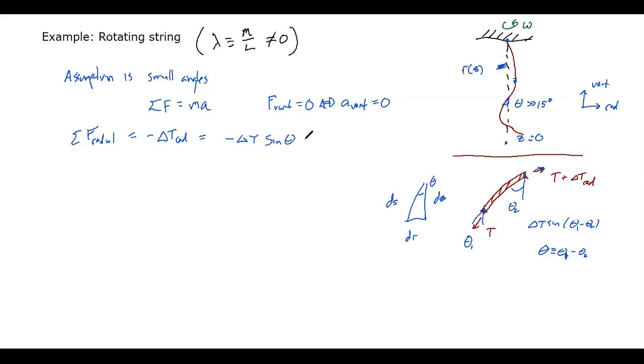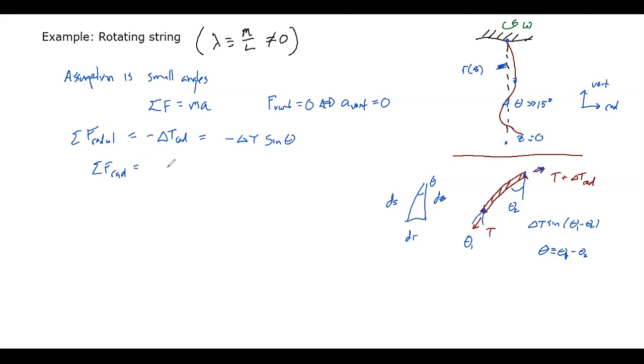And because we have a small angle approximation, I can say that sine theta is approximately equal to tangent of theta, and is approximately equal to theta itself, provided I'm measuring theta in radians.